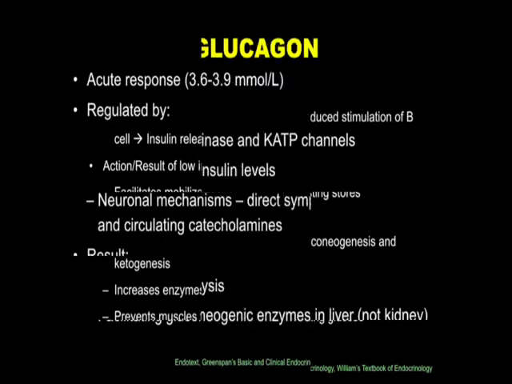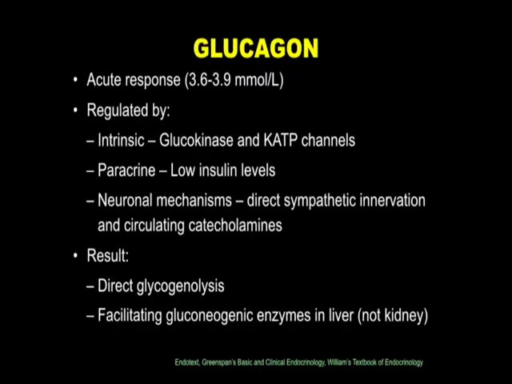Glucagon is our most acute hormone response, and typically glucagon levels start to increase when our serum glucose is around 3.6 to 3.9. It's regulated by a number of different factors. So the alpha cells have glucokinase and potassium ATP channels, which sense low glucose levels and secrete glucagon in response.